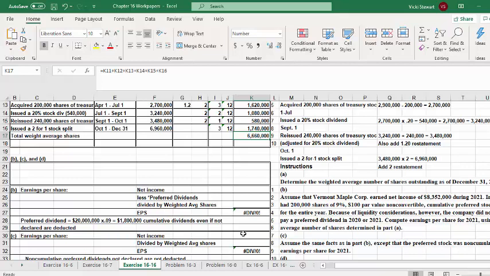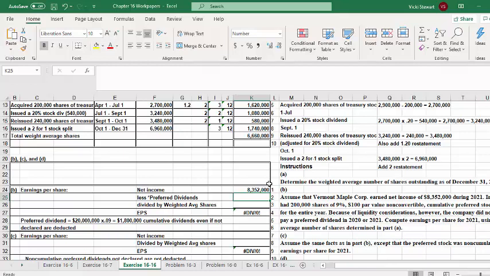in Part A. So to determine the earnings per share, we start out with our net income, which was $8,352,000. Now, we have to determine, are we going to subtract the preferred dividend from net income?